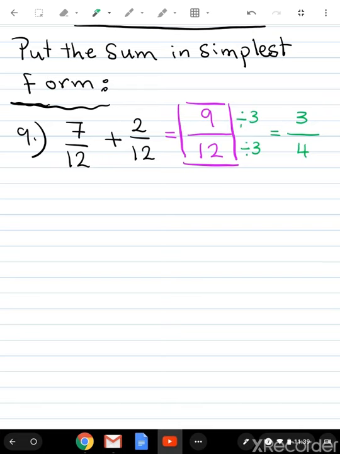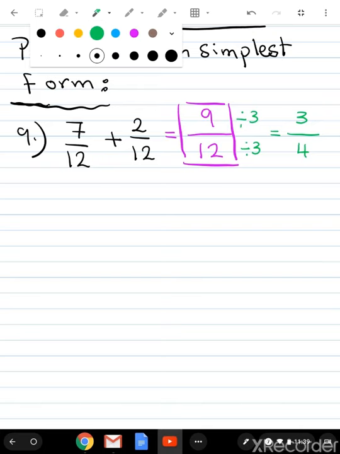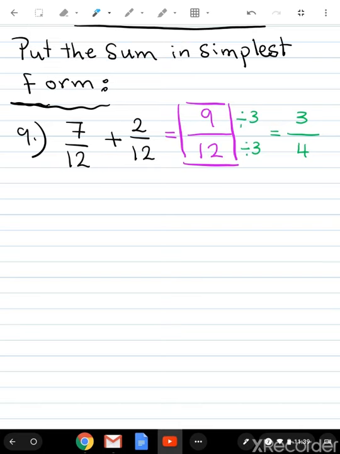So the 3 over 4, this is the simplest form of the fraction. This we call simplest form. I will do with you another example.